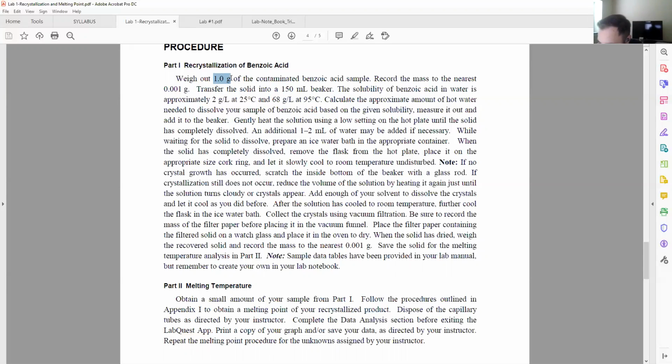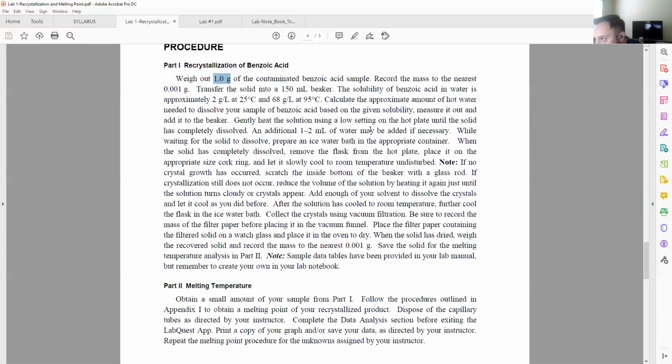So in order to determine how much water you need based on the amount of benzoic acid you have, you have 1.0 something, but in this case, this is 1, and it dissolves at 68 grams per liter.